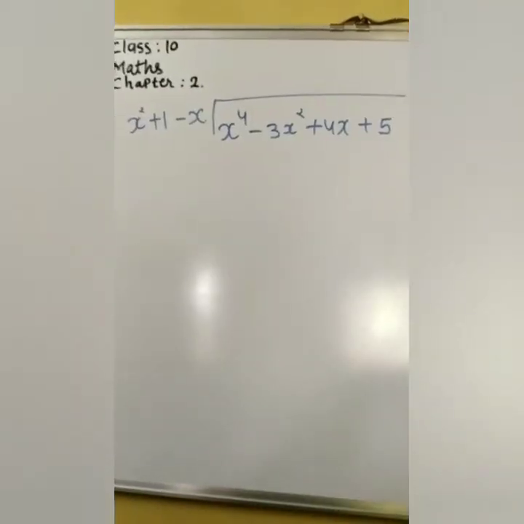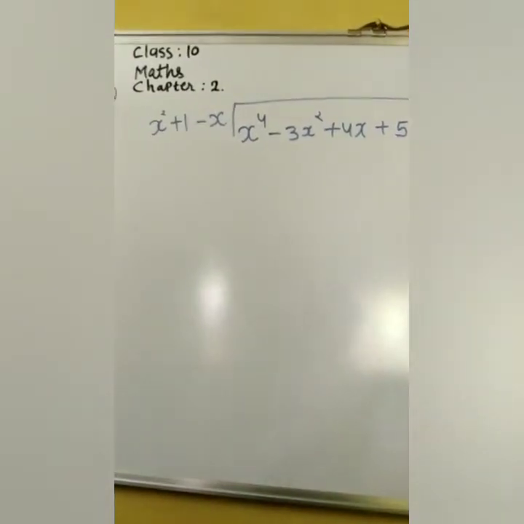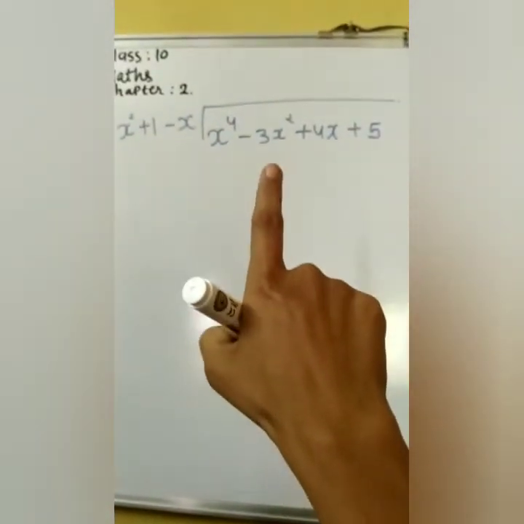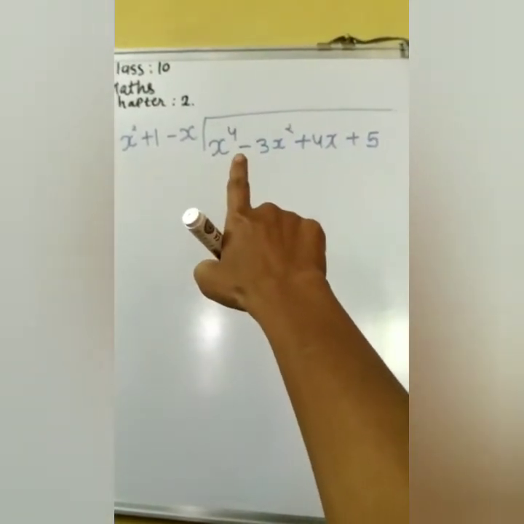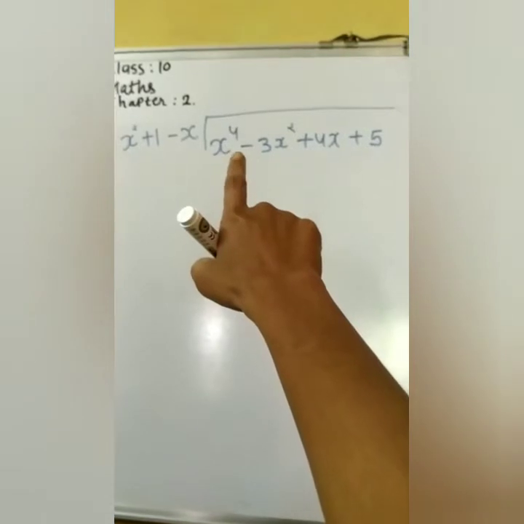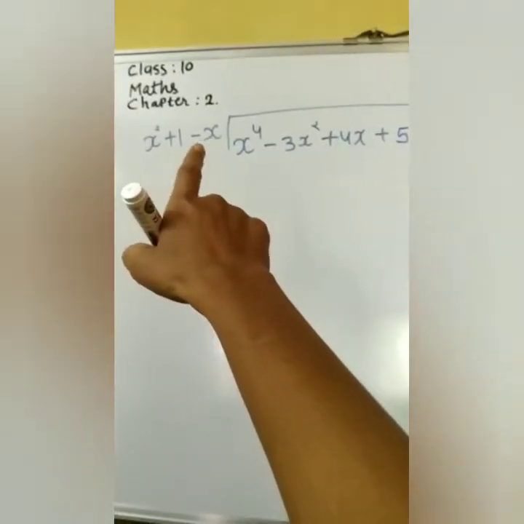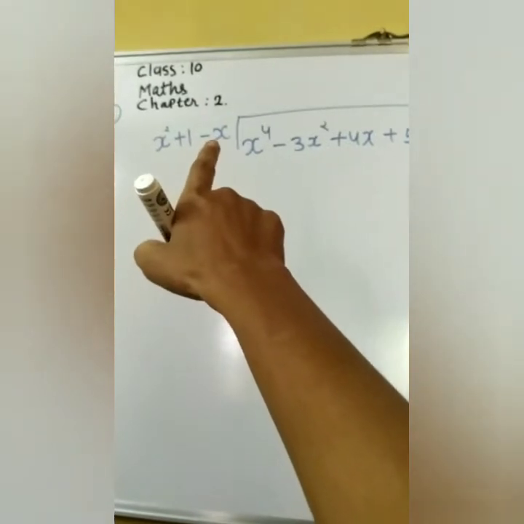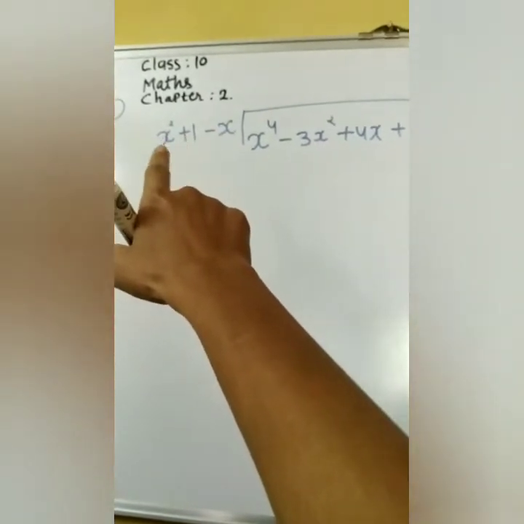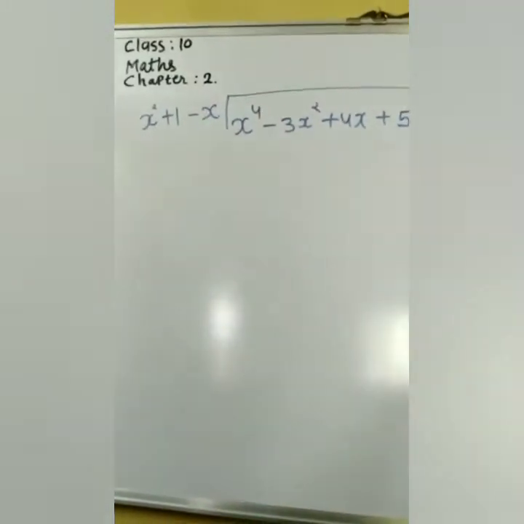This is question 2. First we will check that it is in the form or not. We will check the power. So here we can see x cube is not there, so we will add a 0x cube, and here also we can see the square term, then x having power as 1 and one constant term, but it is not in the form. So first we will arrange it in the form.